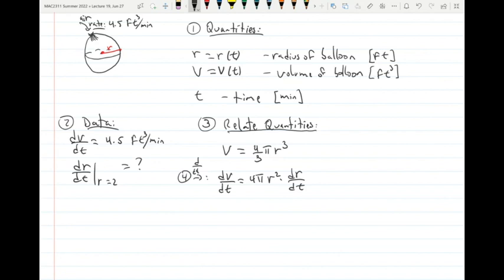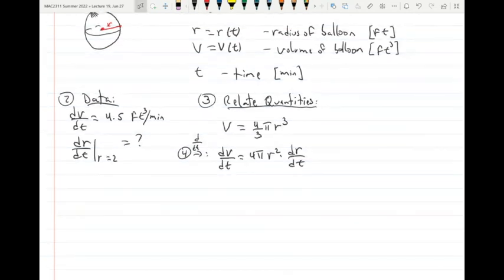Okay. So, because V equals 4/3 pi r cubed, that means that dv dt equals 4 pi r squared times dr dt. Do you understand this? Now, you need to understand what it is that we want. This time we want this guy, right? And we're given this one, so that's fine. So let's just plug in and then we solve. Or if you want, before you plug in, you can solve for dr dt and then plug in whatever you like best.